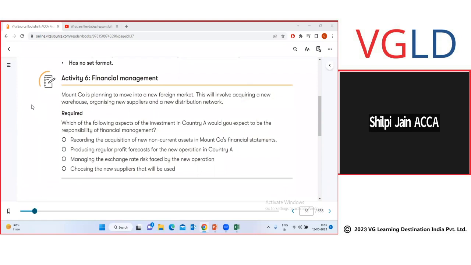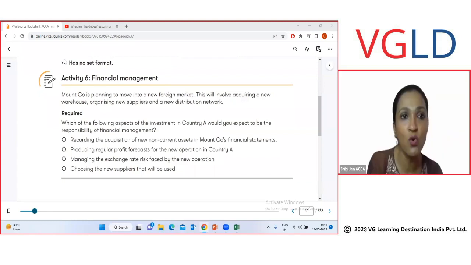So which of the following aspects of the investment in country A would you expect to be the responsibility of the financial management? So definitely it's a foreign investment. So as a finance manager, you are going to be required to look at the exchange rate risks that the new operation is going to bring to you as an organization, isn't it?